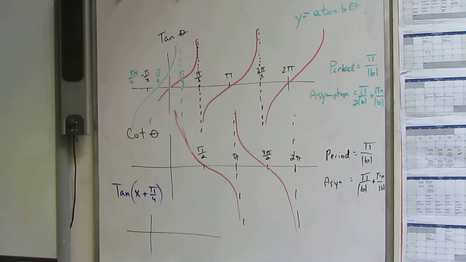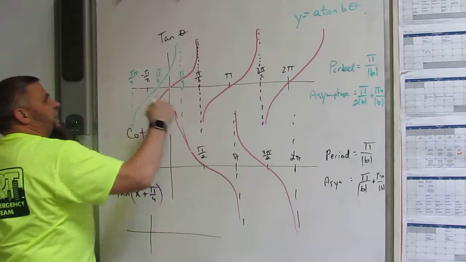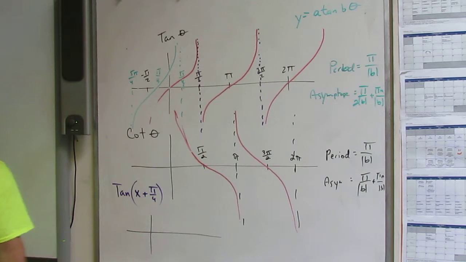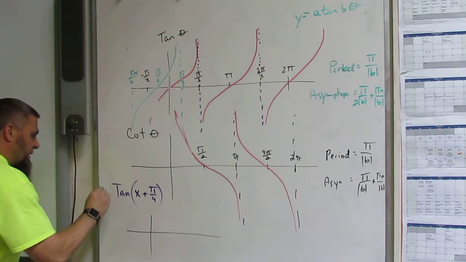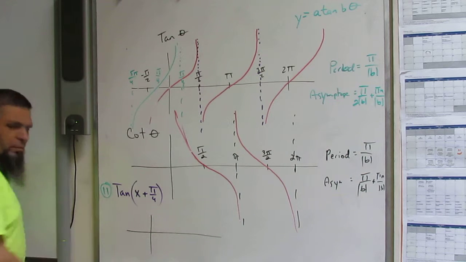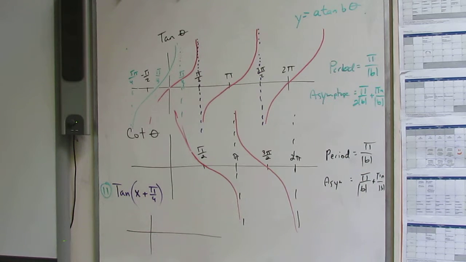Right? That makes sense? Is that right? Okay? And then that would be our next asymptote. And then all of these would shift over. Right? So that's problem number 11. And then I said we'd do problem 13 also, right? Because we might as well kill two birds with one stone.